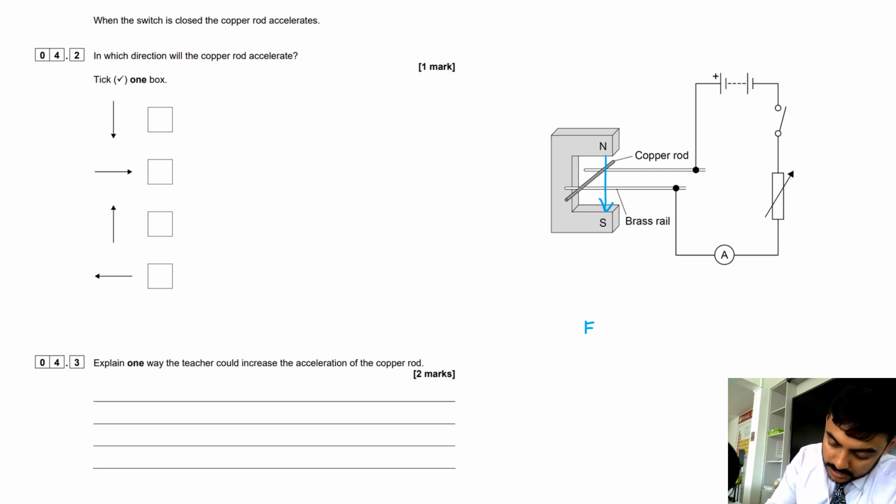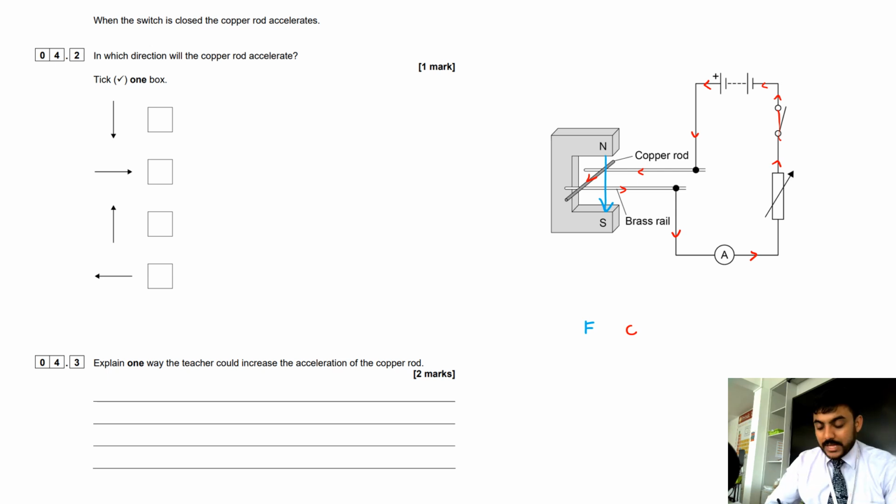So if we look, it starts here, goes this way, this way, this way, and the current in the rod is going from that side out of the page, sort of this way, back round, and so on, when the switch is closed, obviously. Okay, so the red is the current, and finally what we're asked is the motion, which way it will move.